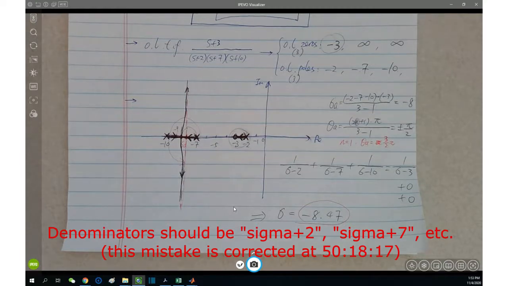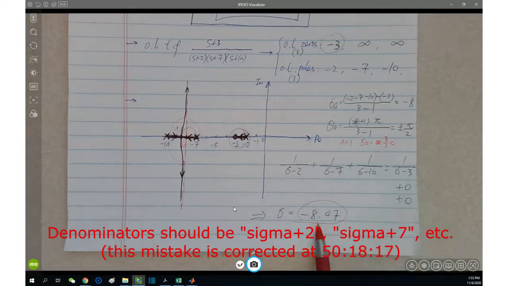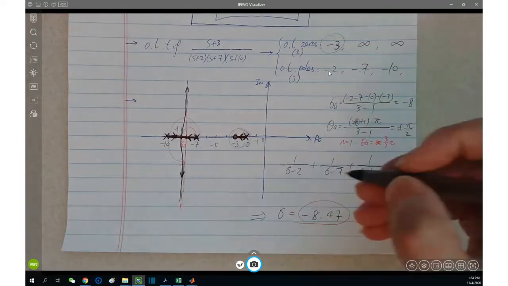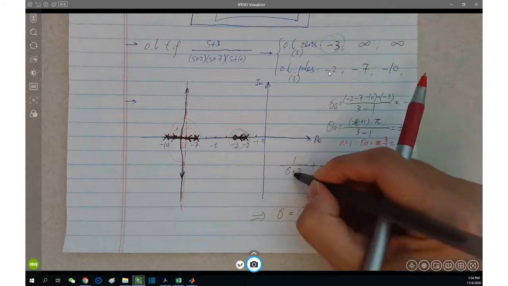I think you got the number mixed up on breakaway points. Should the number be positive, not negative? You mean this one? No, like 1 over sigma minus 2. Should that be positive? Oh yeah, this is a positive 2.